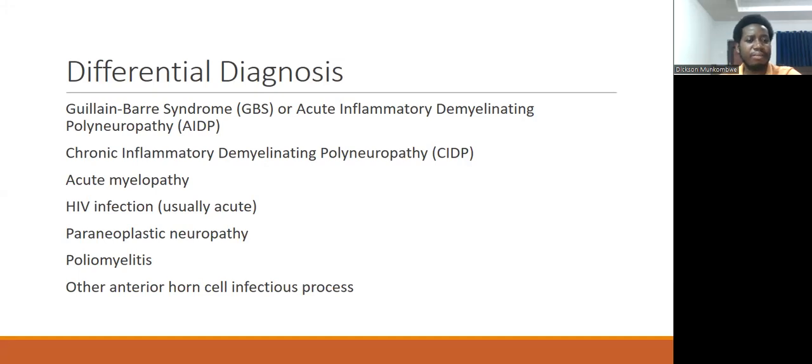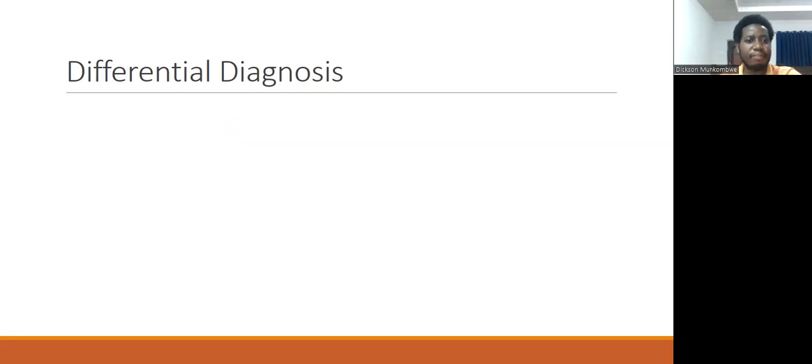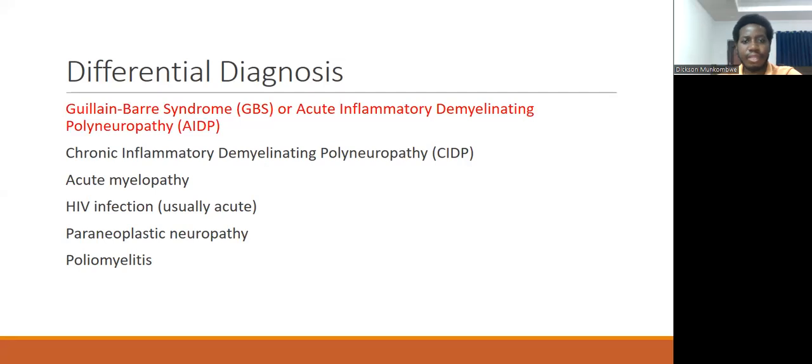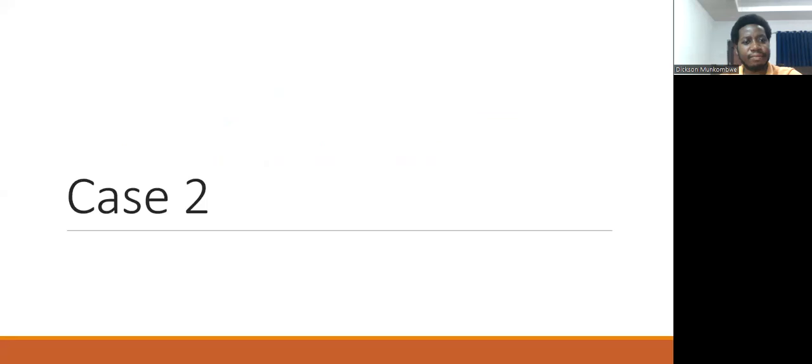HIV infection can also be considered, as well as these other differentials down there. So the diagnosis in this patient eventually was GBS. And as I said earlier, we're not going to discuss GBS in this presentation, to be discussed elsewhere in the course of your neurology lectures.